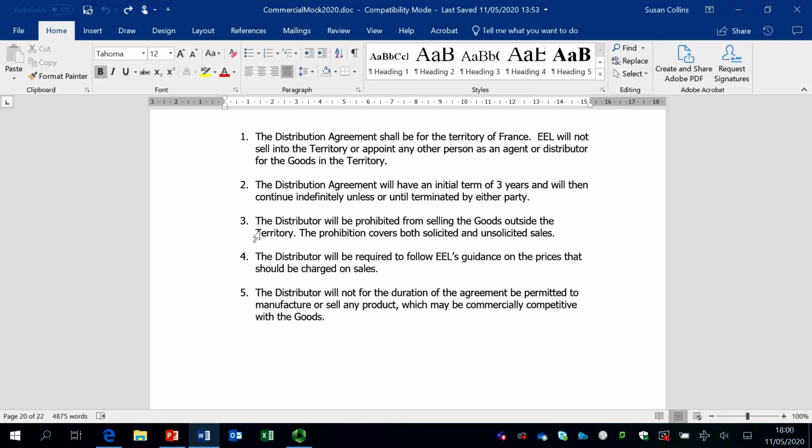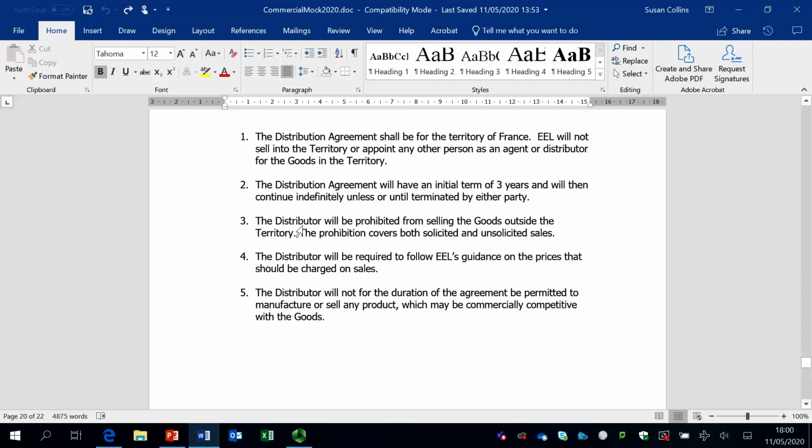What you're allowed to have, in terms of restriction on selling, is to restrict only active selling into territories that are reserved either to the manufacturer or to another distributor. So you'd need to narrow that down. And as I've said, you don't have to draft it, but just explain like I just have.